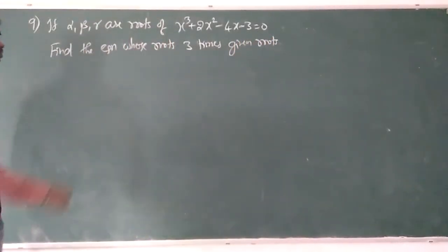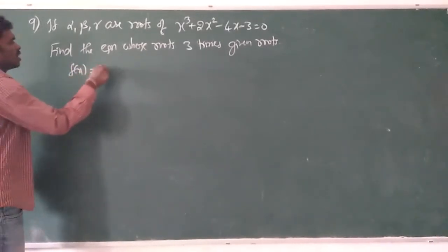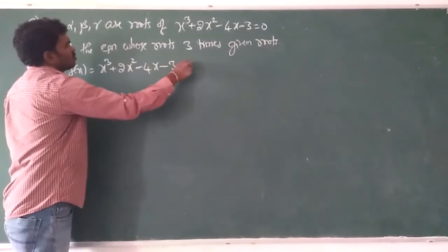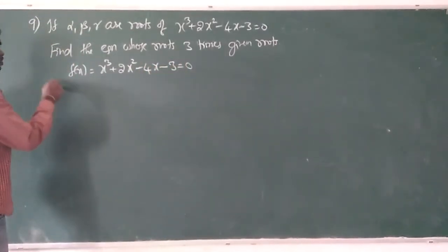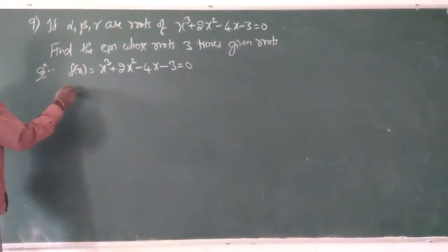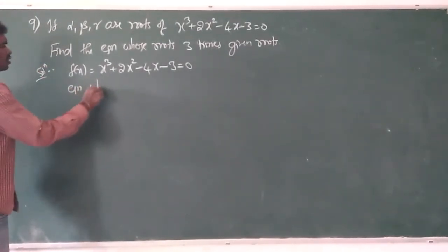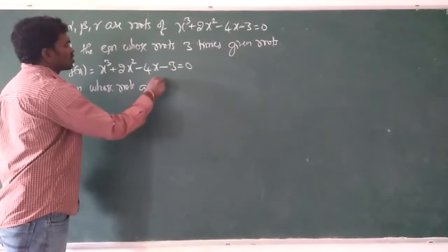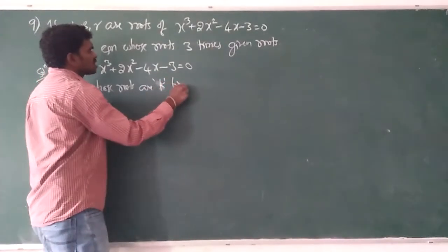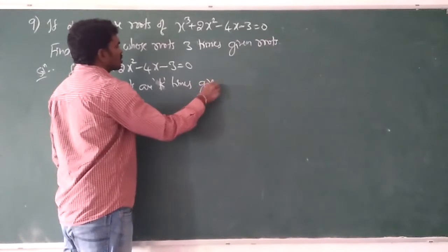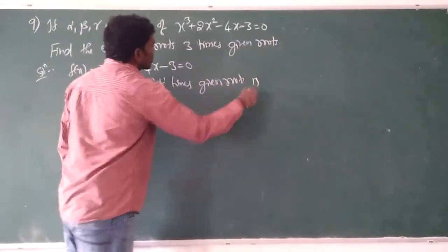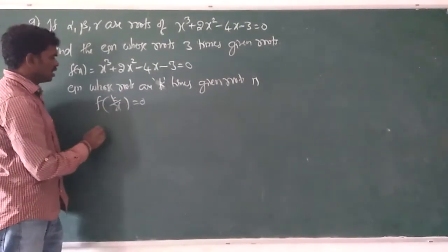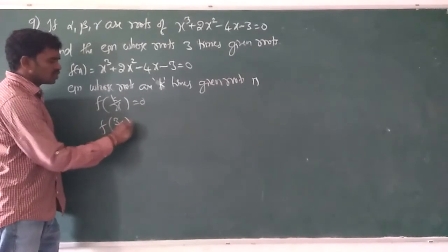What is f of x? x cube plus 2x square minus 4x minus 3. So the equation whose roots are k times the given roots, apply the formula. What is the formula? Very good.